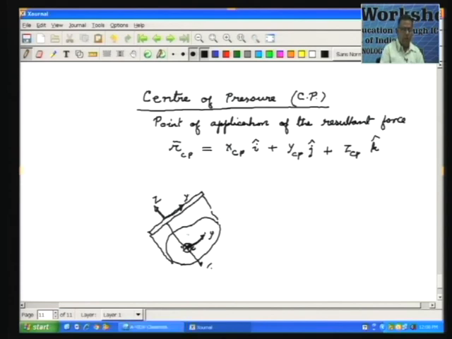So, we want the point on this surface, which is shown in this view by this arbitrary shape, such that suppose the center of pressure is somewhere here, then if the resultant force acts at that point, a concentrated load, the moment will be equal to the moment of the distributed force. So, this point, suppose I say is Cp, is somewhere here.